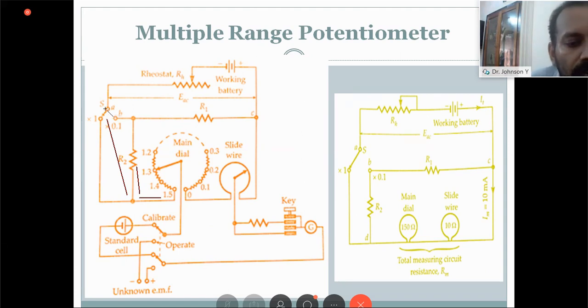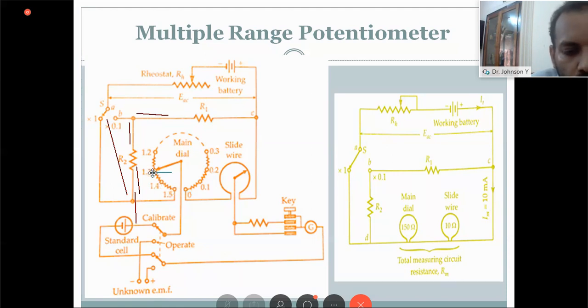And when the switch is connected to position B, in this 0.1 position, then from here the current is again divided into two. One is through this position and the other is through this way. Here the current passes through R2, then the main dial and the slide wire. Suppose the current reaches this 1.5 value, then it goes from 1.5 to 1.4, 1.3.